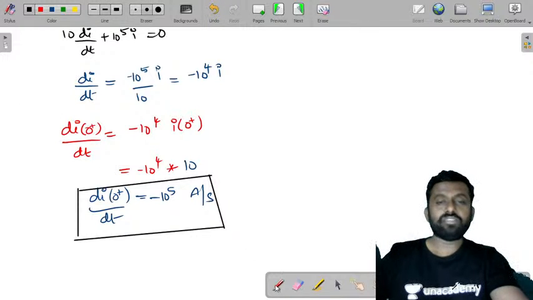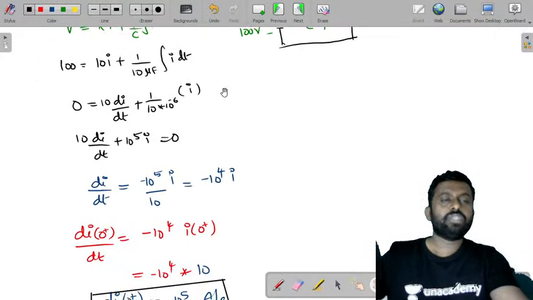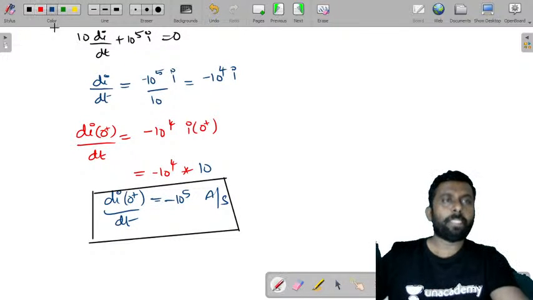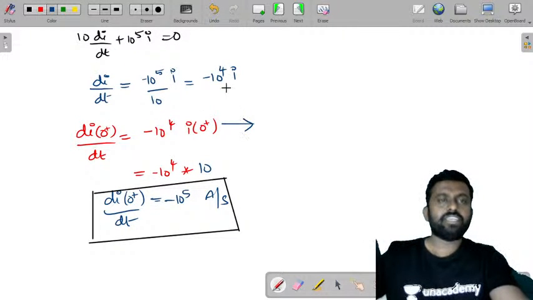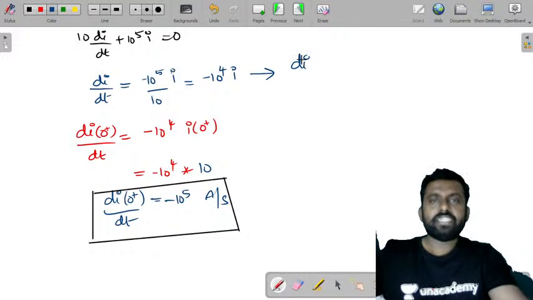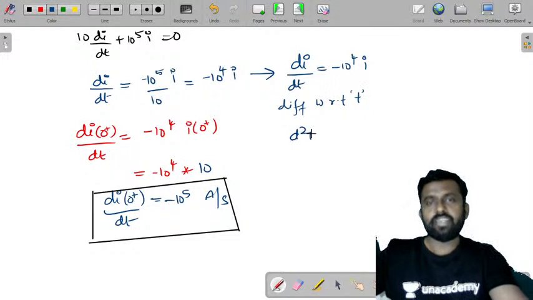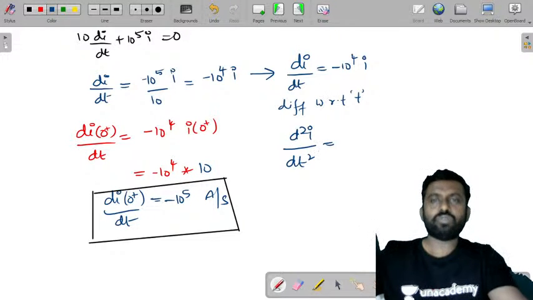Now you are also asked to find d square I of 0 plus by dt square. So let's consider the same differential equation, that is di by dt is equal to minus 10 power 4 I. Now differentiating with respect to t, you'll get d square I by dt square is equal to minus 10 power 4 di by dt.